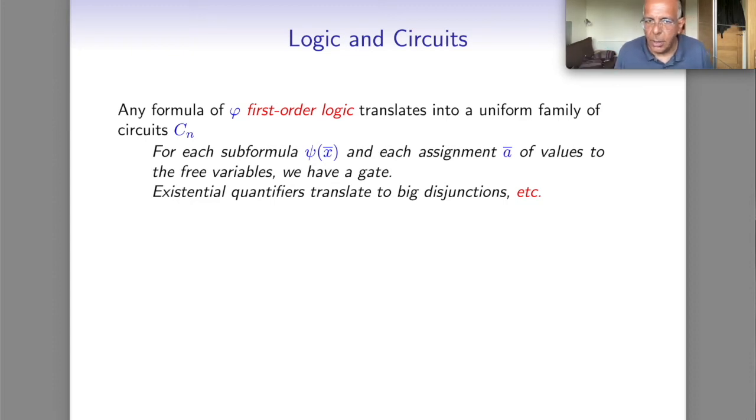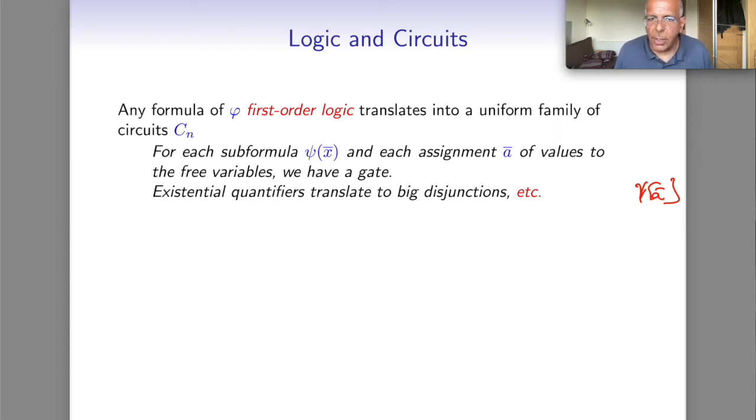Values from the universe of your input structure, or from 1 through n, if you will. And for each of those, you have a gate. So the idea is, for a particular input structure, the gate corresponding to psi a bar will evaluate to true if and only if, in that structure, the formula psi is true of the tuple a bar.